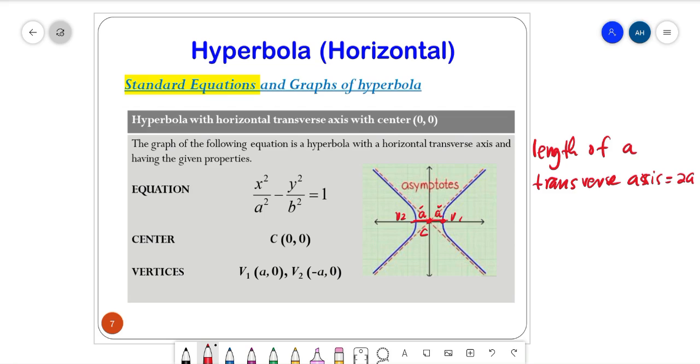So the coordinate of v1 will be a, 0, and the coordinate for v2 will be negative a, 0.